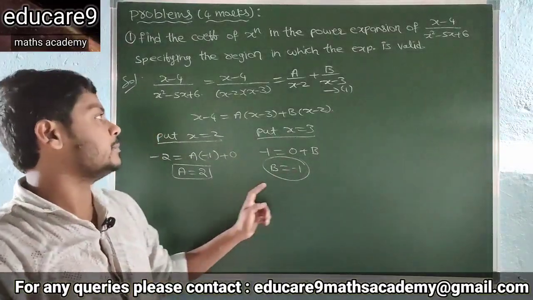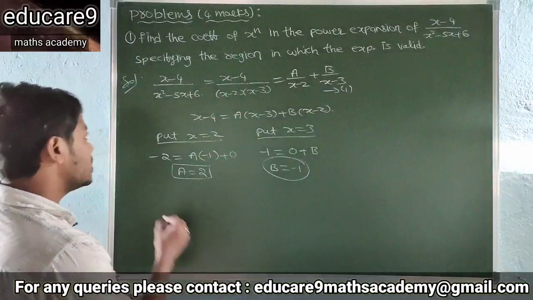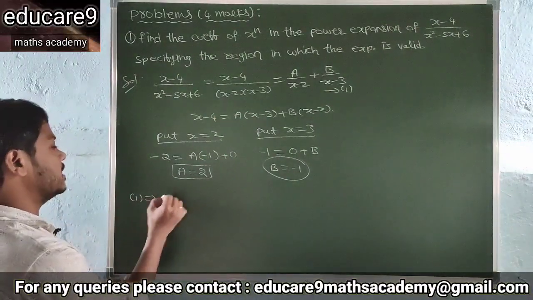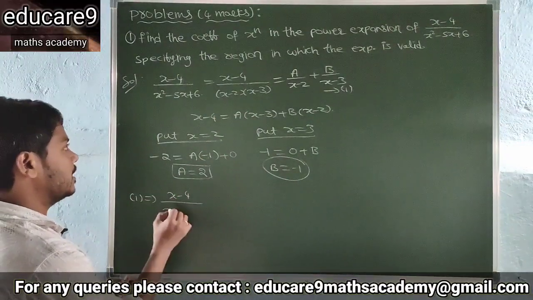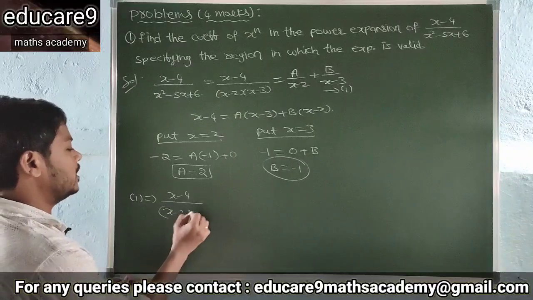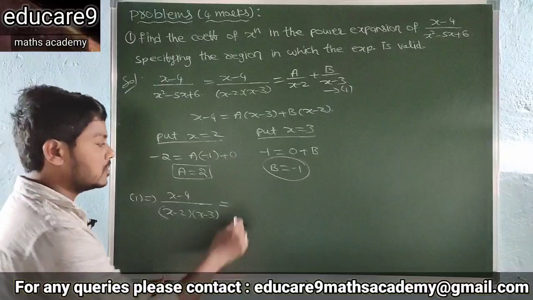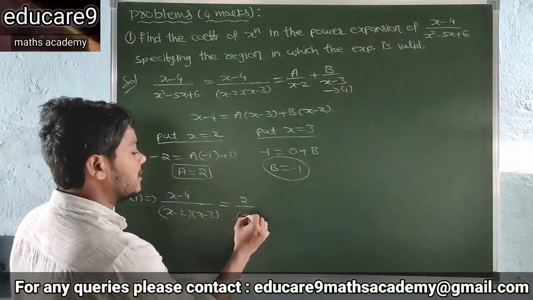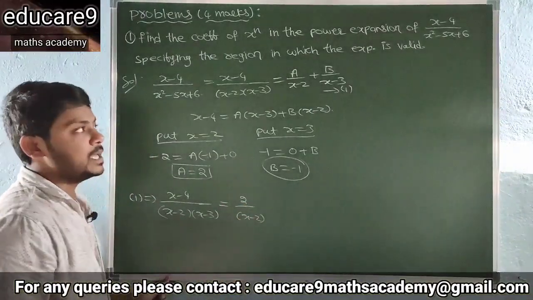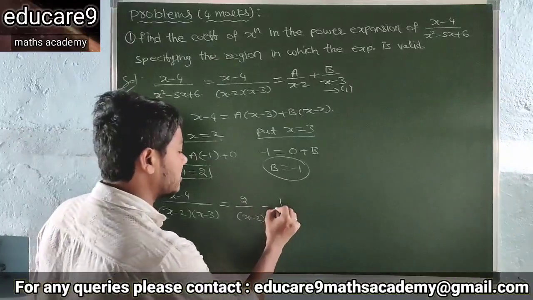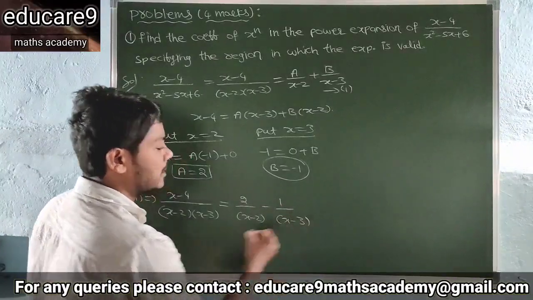Now substitute the A and B values in equation 1: x minus 4 by x minus 2 into x minus 3 equals 2 by x minus 2 plus minus 1 by x minus 3.